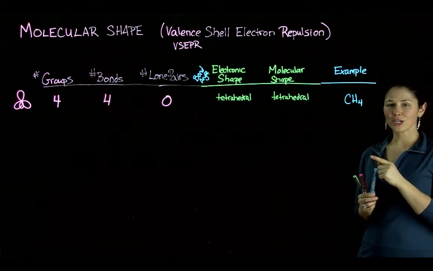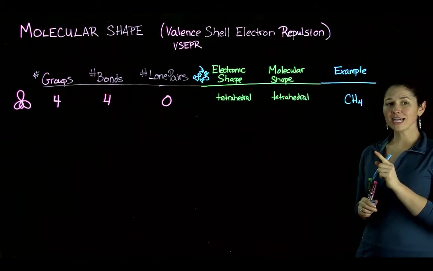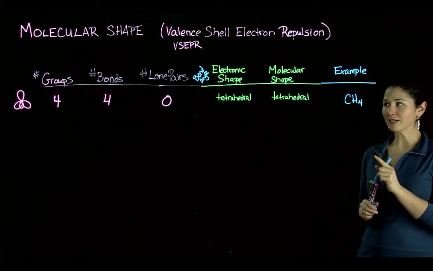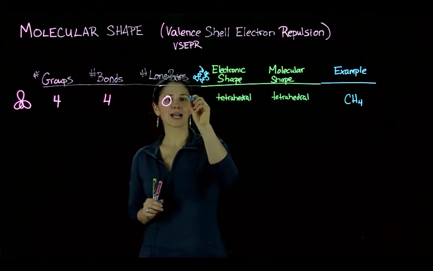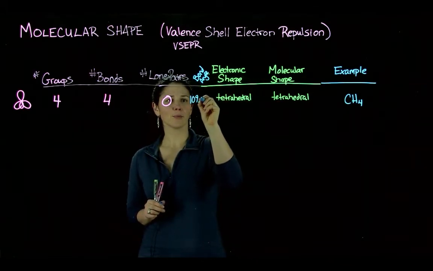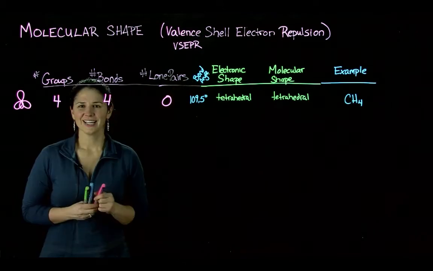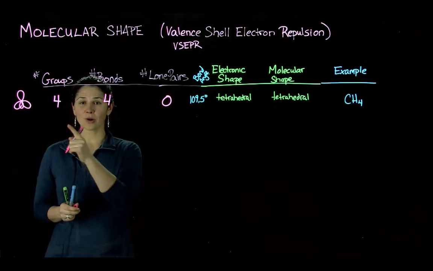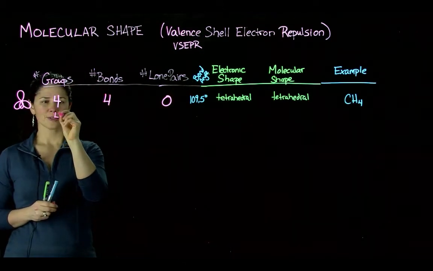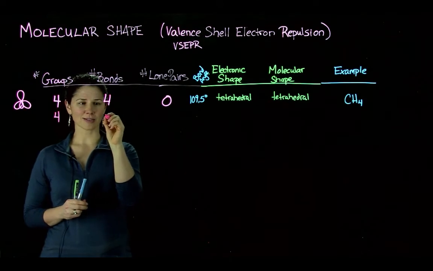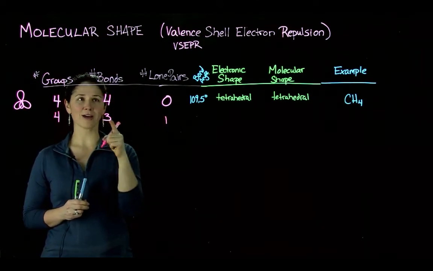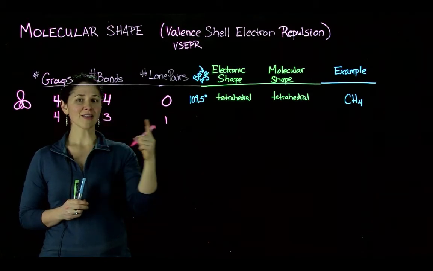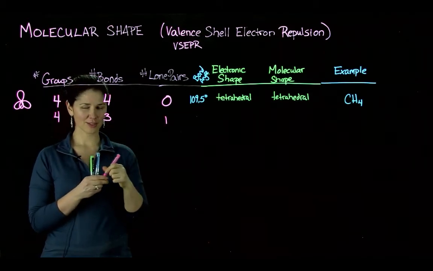I forgot to mention that when you have a tetrahedral electronic geometry, if it's a perfect tetrahedron, your bond angles are exactly 109.5 degrees. Okay, now let's talk about when you have 4 groups, but only 3 of them are bonds, and one of these things is a lone pair. So if you have 4 groups and 3 of them are bonds, that means you have 1 lone pair.